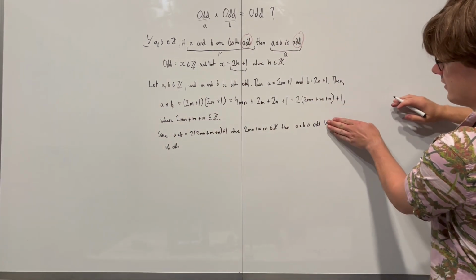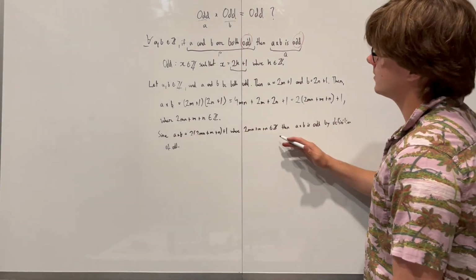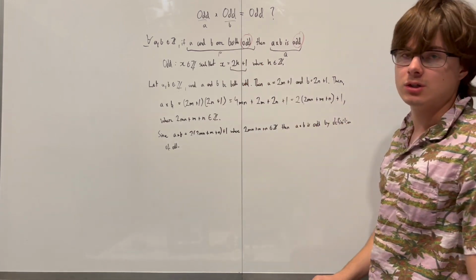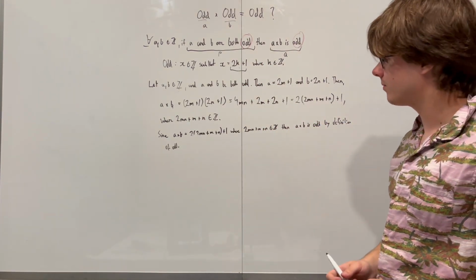Great. You don't have to add this by definition of odd part. I'm just doing it because I need to remind you the reason this is true is because it's showing this relationship. It's showing that that relationship is true for this math.